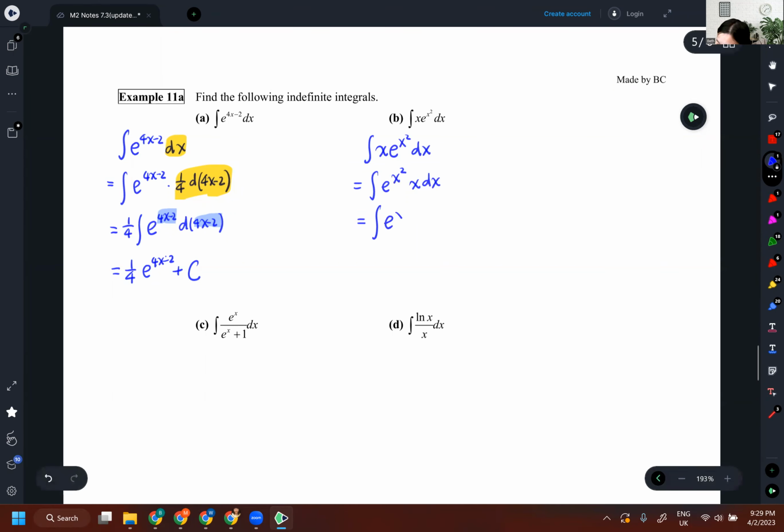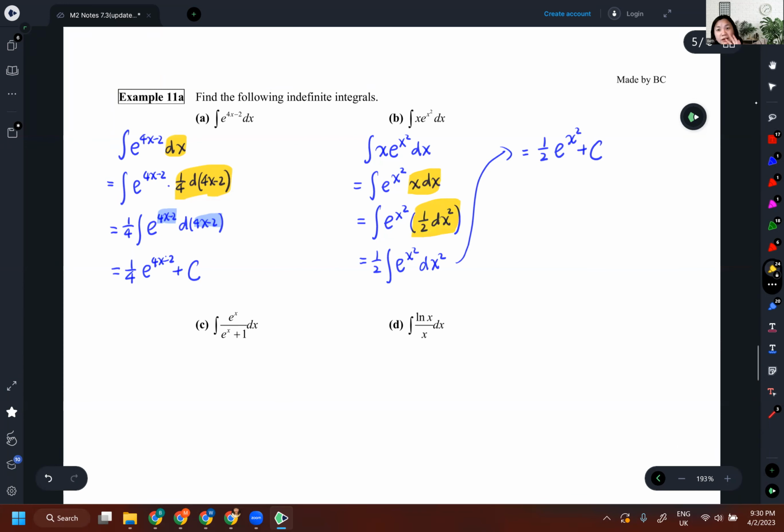You must learn it this way. And then it's 1/2 e to the power u du, which equals 1/2 e to the power u plus c. The substitution happened here. It's similar. Every time I show you an example, I want to show you where the substitution is.